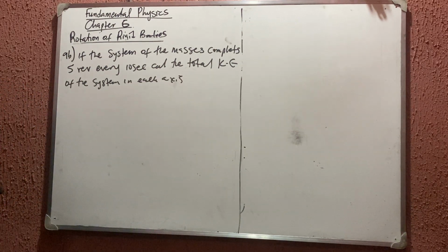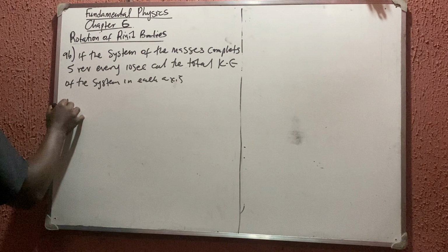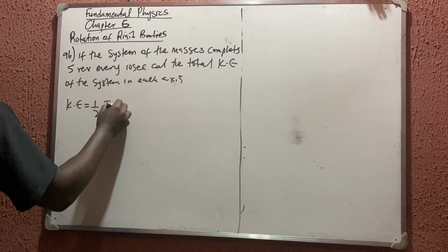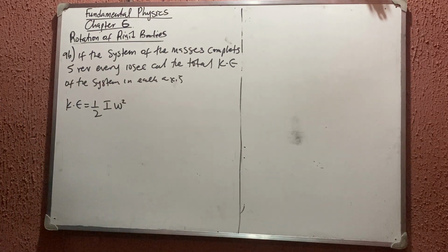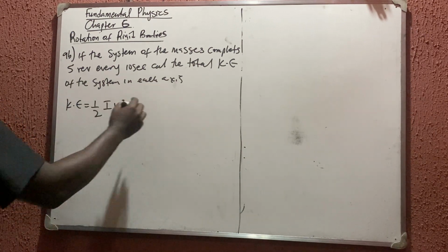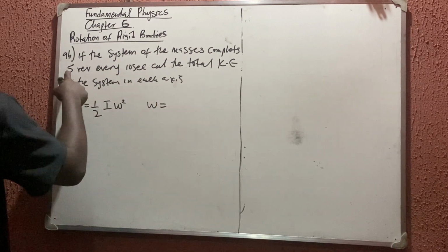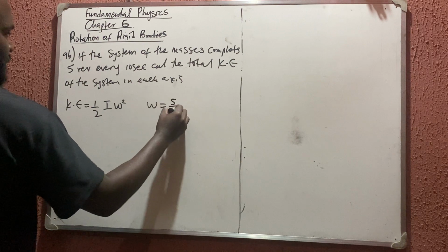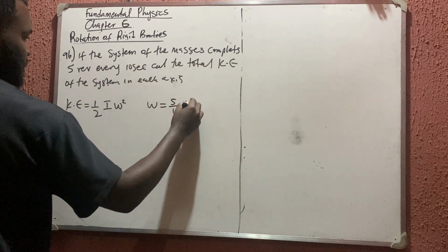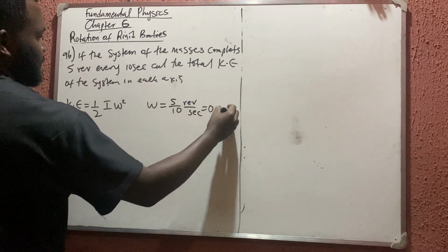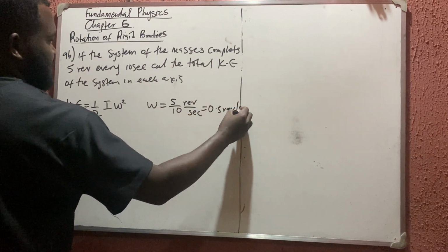Okay, so to calculate the kinetic energy, don't forget that kinetic energy is equal to 1 over 2 moment of inertia times omega squared. And don't forget that our omega is equal to what? For every revolution per second, omega is in rad per sec. So 5 revolutions over 10 seconds, this divided by this will give 0.5 revolutions per sec.